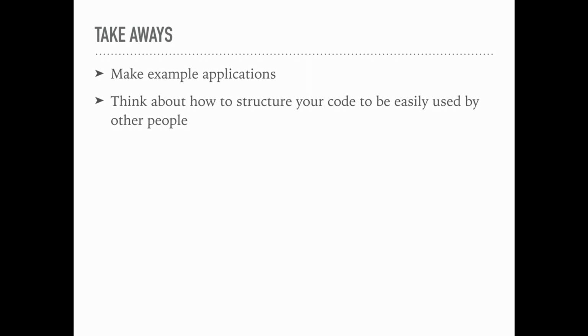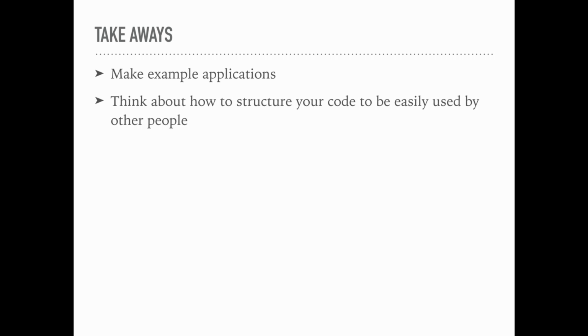Think about how to structure your code to be easily used by other people. I did a talk yesterday about being on the autism spectrum, and I mentioned that I'd worked at like 20 different companies, and people at every company have shorthand stuff that they develop for themselves where they assume that everybody has the same background and experience that they do, and they would do things exactly the same way because they don't have a lot of exposure to how other people work with their code.